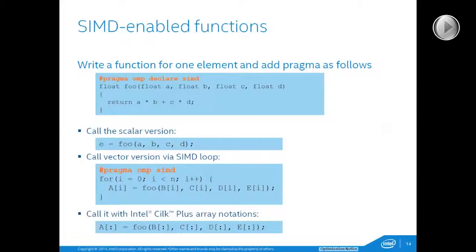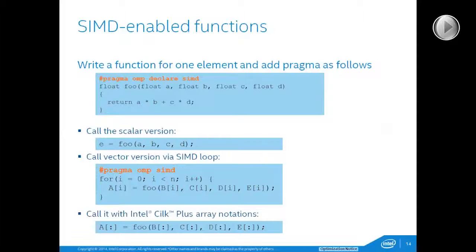If the loop is forced to vectorize, we obviously expect a vector variant of the function foo to be available so that the loop can be vectorized. That's quite logical, because when you vectorize, you take vector operands and you expect the function to handle the vector operands. Now, how do you enable the function foo to handle those vector arguments?